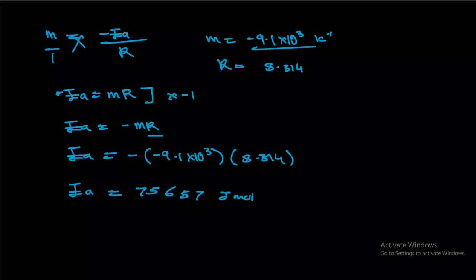Since this number is so big, we can convert it into kilojoules, but we can just end it here. But if you want, we can convert it into kilojoules. Converting into kilojoules we divide by 1000, so that our activation energy is equal to 75.657 kilojoules per mole.